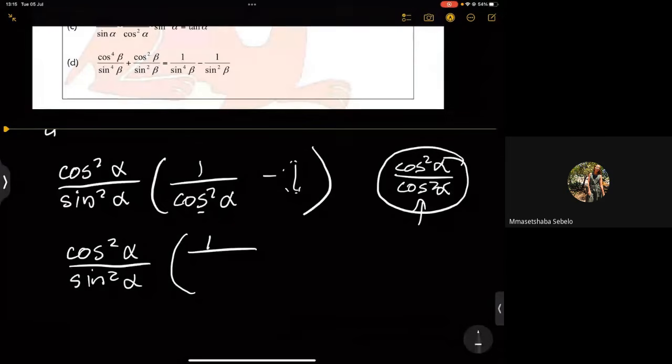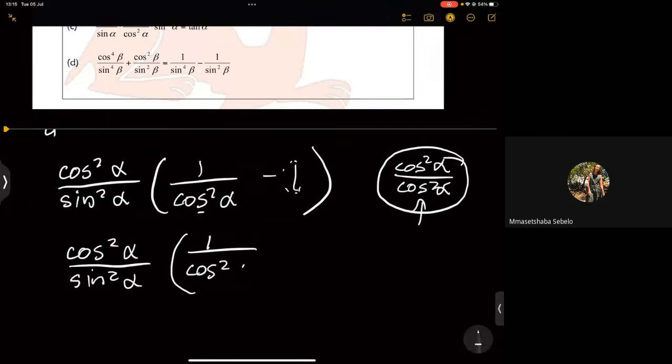So I'm going to have 1 over cos squared of alpha minus cos squared of alpha over cos squared of alpha. Now, why am I doing this? Remember, you cannot add fractions that do not have the same denominator. So I'm trying to get my denominators in the bracket to be the same. Now my denominators are the same, so I can add the numerators.